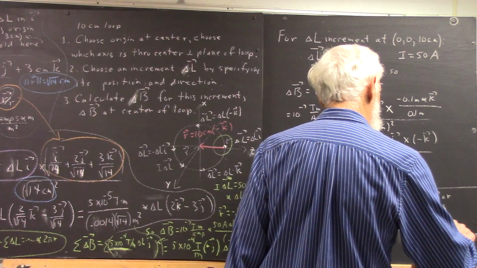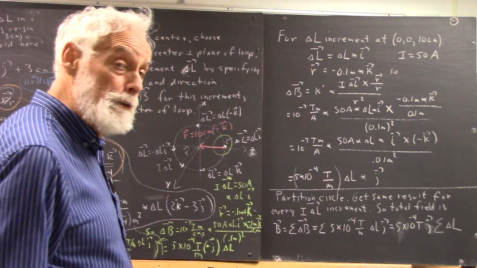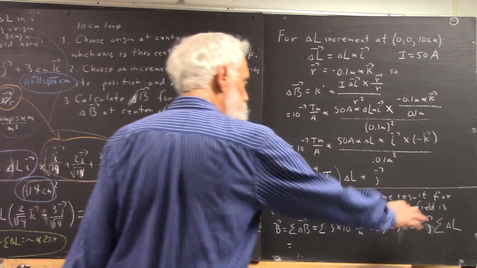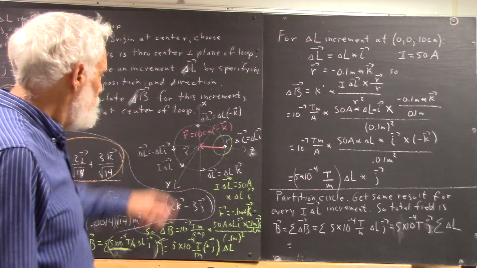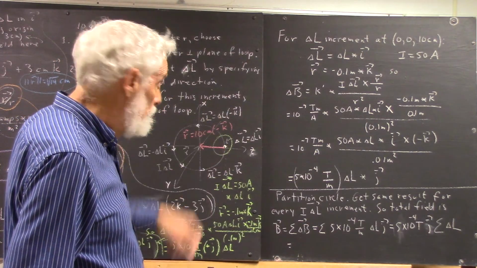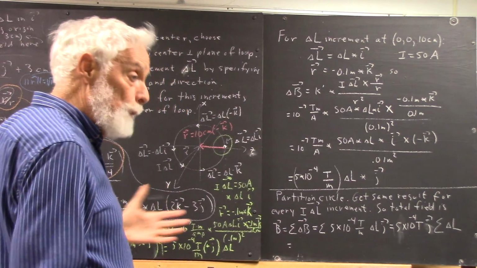And then that is times the sum of our delta L. Well, what's the sum of our delta L? Our delta L's are the increments we get when we partition the circle, the length increments. We partition the circle.